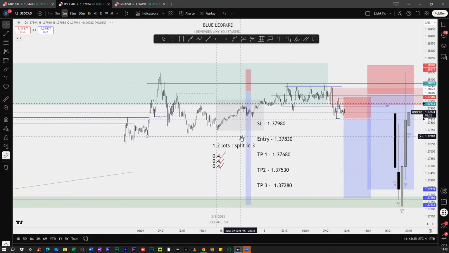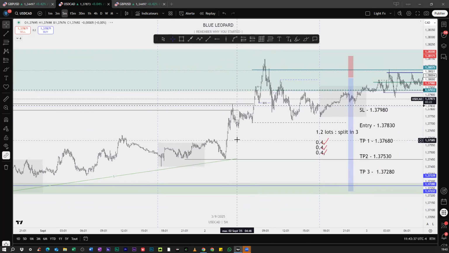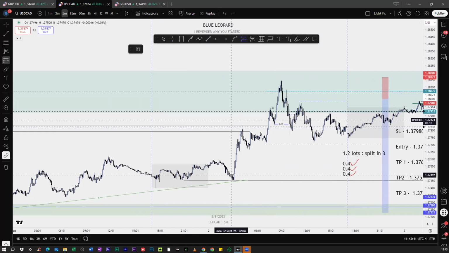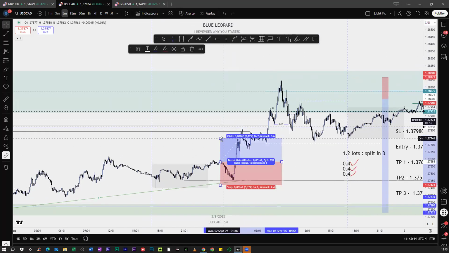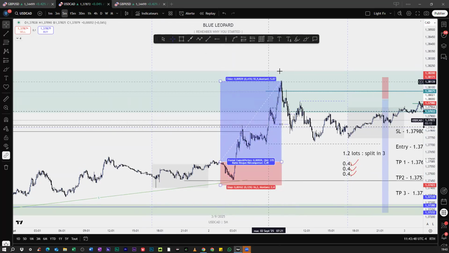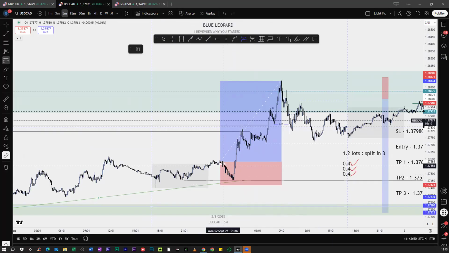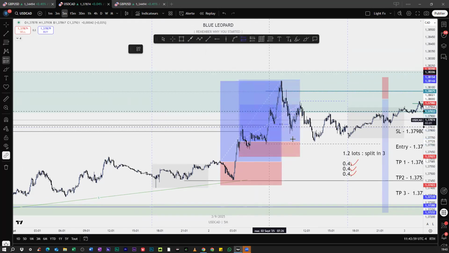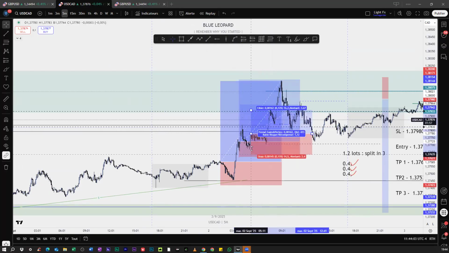Okay, let me show you how some people can catch a move like this one and take this profit and be happy. But me, I will maybe come here, take this trade, and as soon as price retraces here, take another one and target the same place, but with a smaller size, and here also a small size.